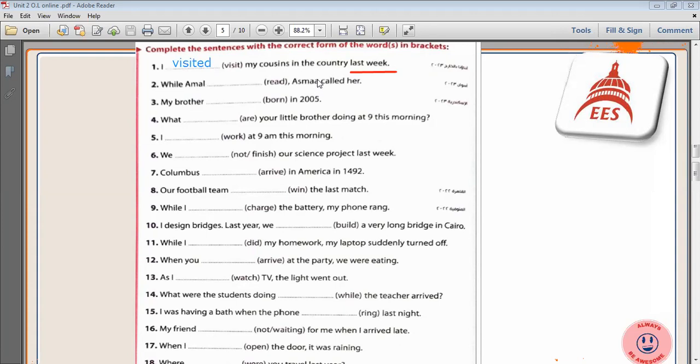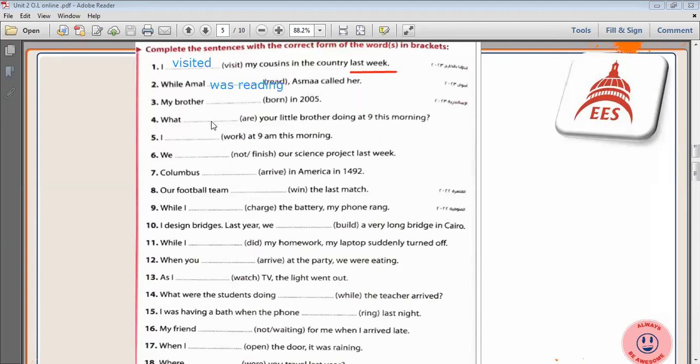So what do you think? The answer is going to be was reading. While Amal was reading, Asma called her.